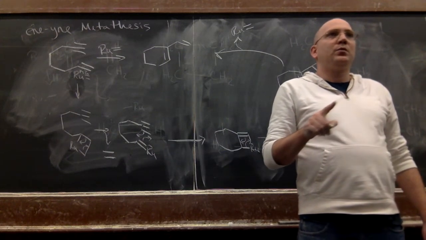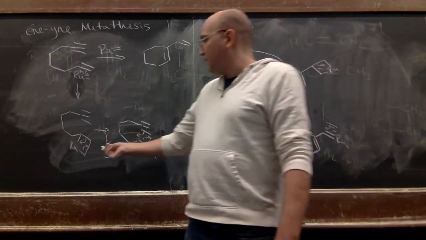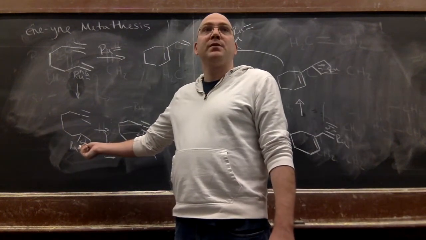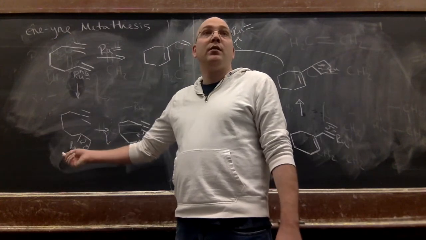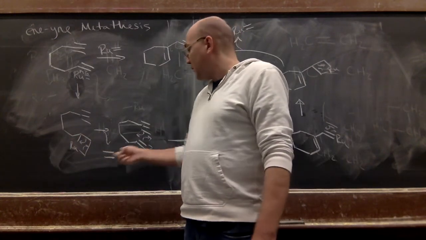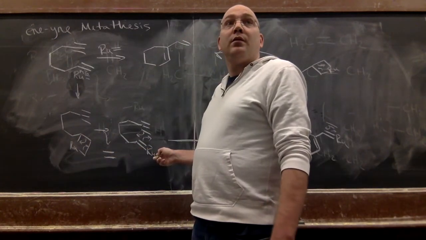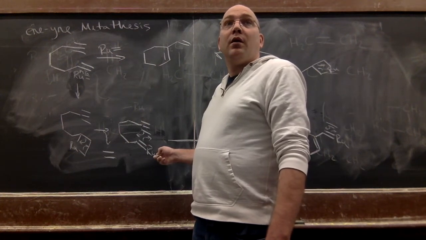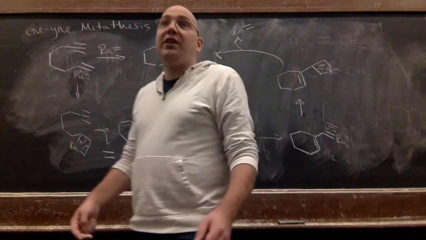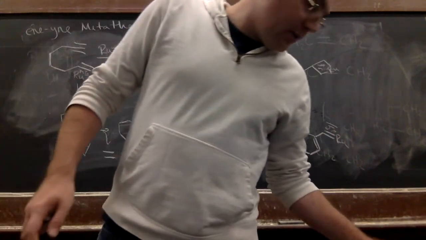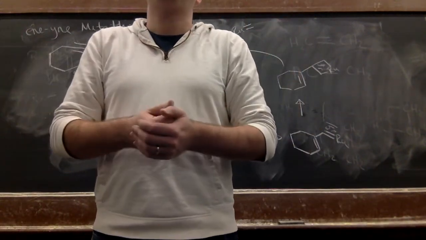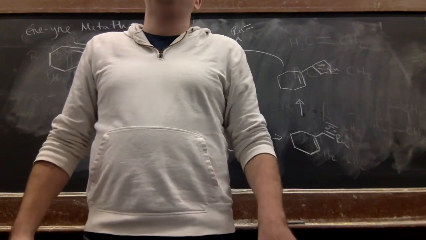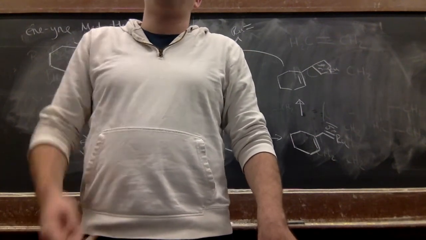One question. Once you have the ruthenium on the ring, can it react with the double bond of other molecules? Once it's already in the ring? Yeah. Usually, when you're doing ring closing metathesis, you run it under dilute conditions to prevent that from happening.